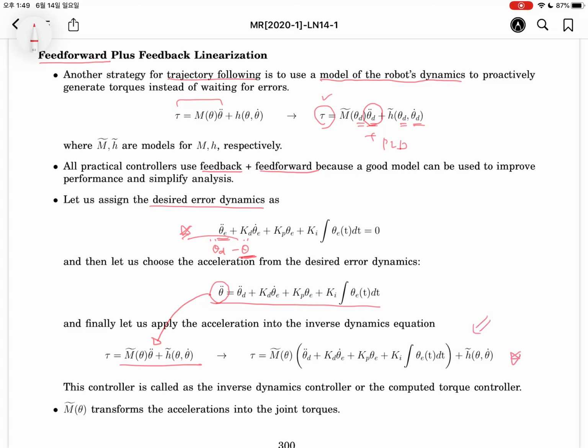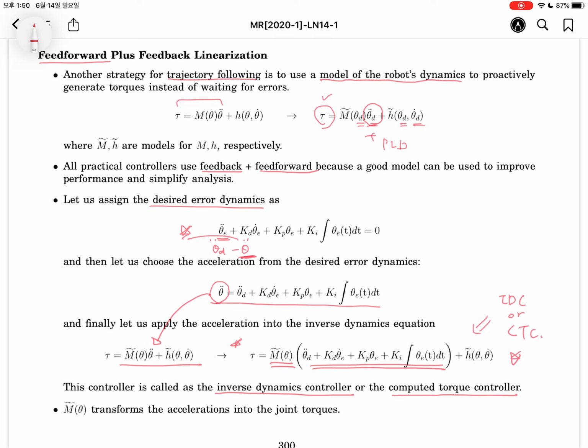Okay, this is called inverse dynamics control, in short IDC, or it is called the computed torque controller, CTC. So it has two names: IDC, inverse dynamics control, or CTC, computed torque control. Okay, this is a very famous one. In here, it is the independent joint control for the multi-joint system, but the M transforms independent joint acceleration into the joint torque.